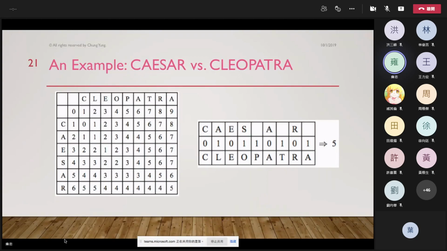For example, if we go to the cross as C and C, it's the same character, so we take the value from the top left corner, which is 0. So we don't add any value to the 0. And so on. If you complete the computation of this two-dimensional array, you will get the edit distance of these two strings as 5, which is shown at the bottom right corner.